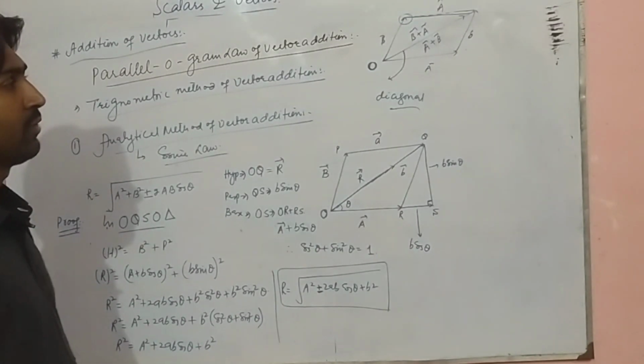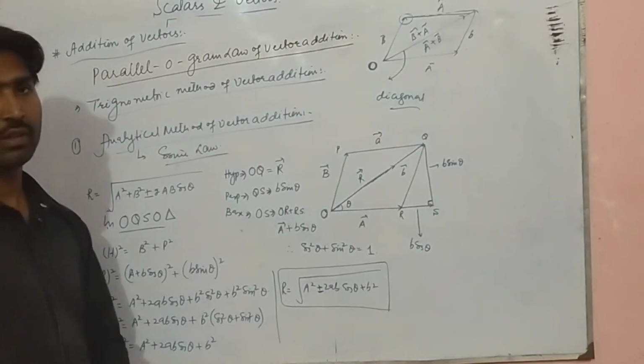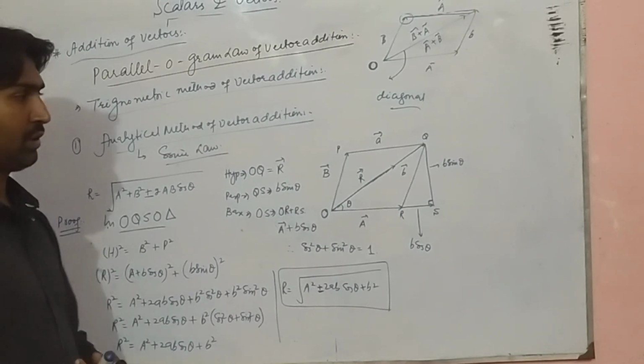If we want to find the direction of the resultant, how can we calculate it?